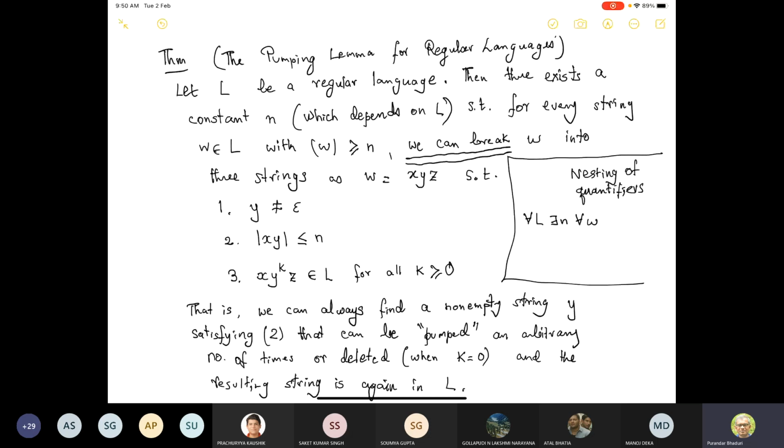So this is again another quantification over x, y, and z, such that blah, blah, blah. And that blah, blah, blah also involved another quantification for all k.